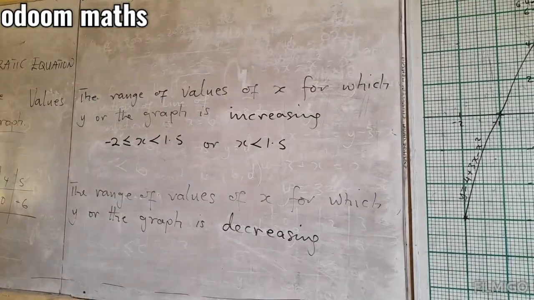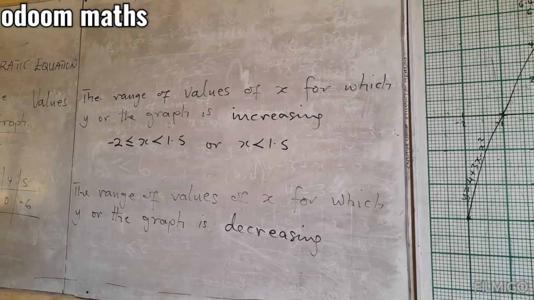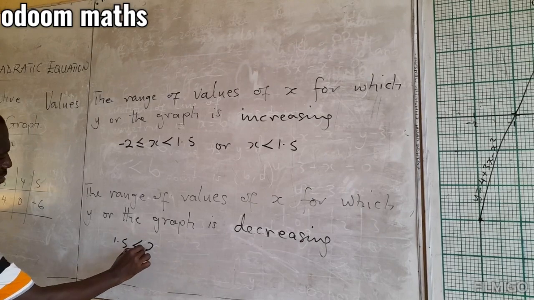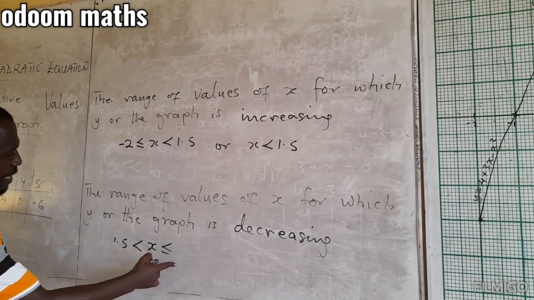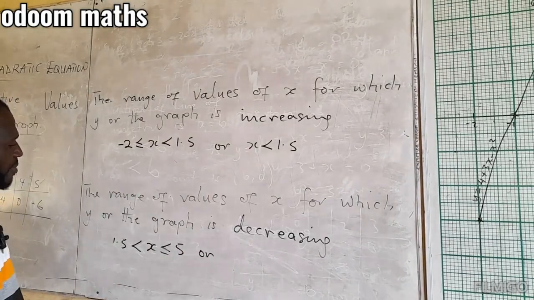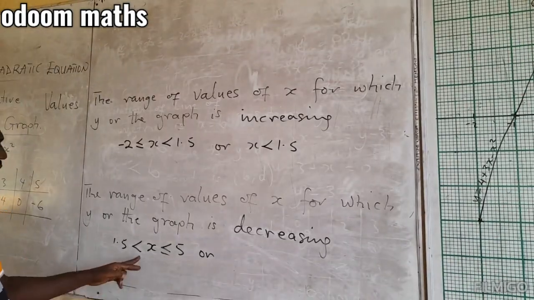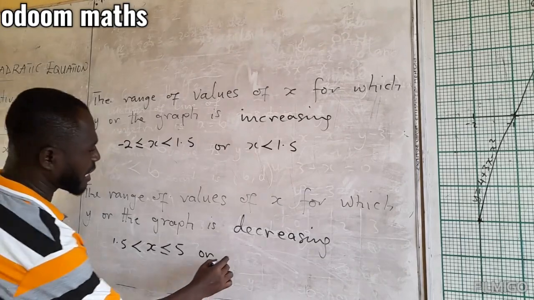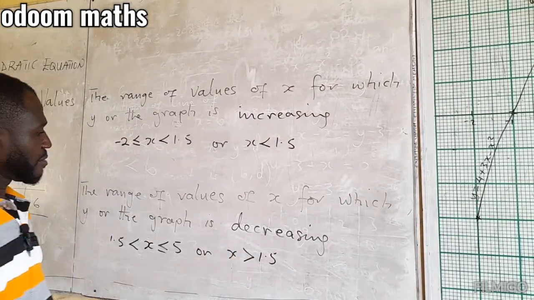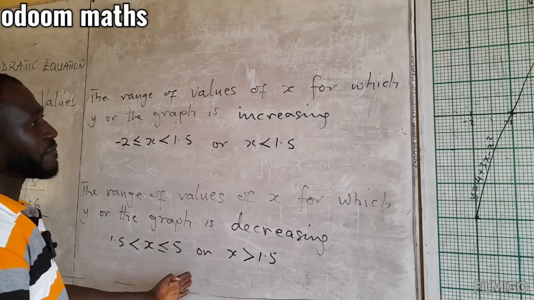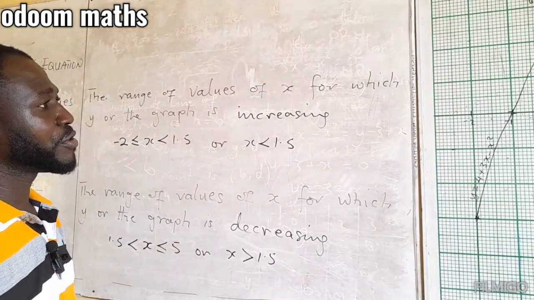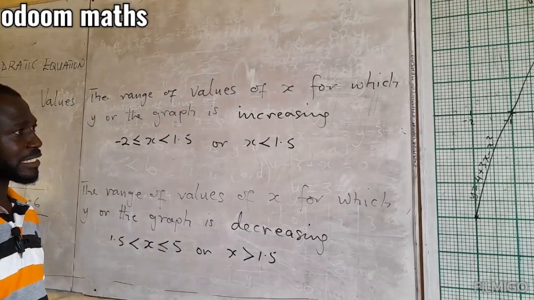So we said x decreases from 1.5, which is non-inclusive, to 5. We can also use the x values that are greater than 1.5. So we say that x is greater than 1.5 because from 1.5 upwards, the graph starts decreasing or reduces its heights.